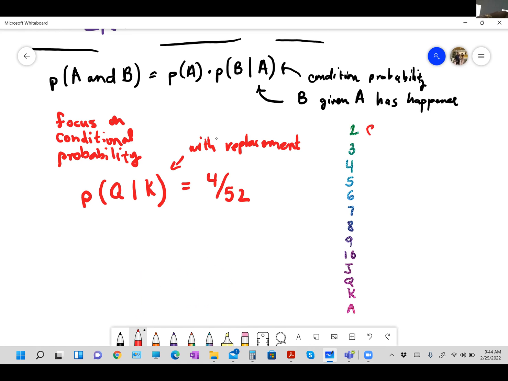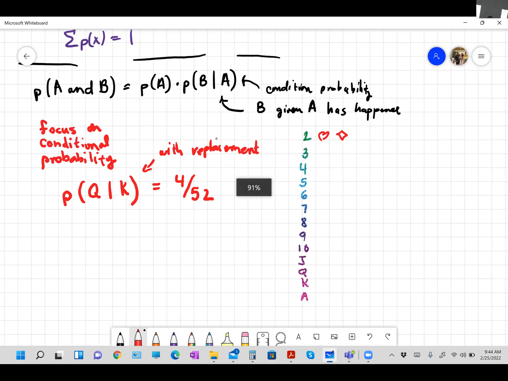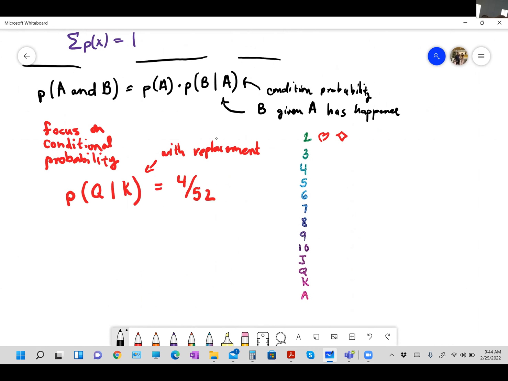You have a 2 of hearts, a 2 of diamonds. Notice I did them in red on purpose. And you have a 2 of spades and a 2 of clubs. So you either have red cards or black cards. Each one of these cards exists in those suits.